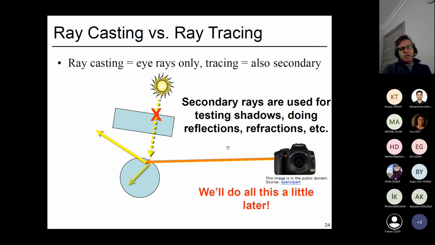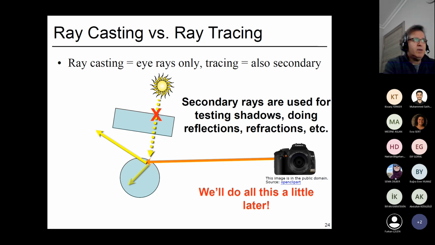Whereas ray casting is only interested in finding out which object is visible, so it is doing the eye rays only. Tracing also looks at the secondary rays and so forth. And you can see that finding the secondary rays is going to be much more complicated, and it will involve a lot of calculations. Therefore, it will be computationally very complex.